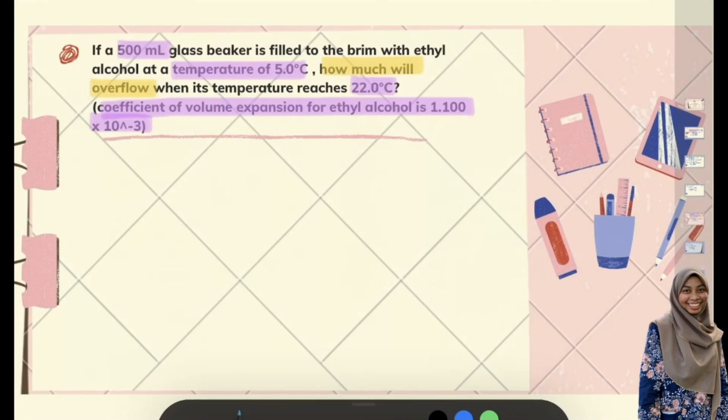If a 500 ml glass beaker is filled to the brim with ethyl alcohol at a temperature of 5 degrees Celsius, how much will overflow when its temperature reaches 22 degrees Celsius? So given this coefficient of volume expansion for ethyl alcohol is 1.100 times 10 to the power of negative 3.